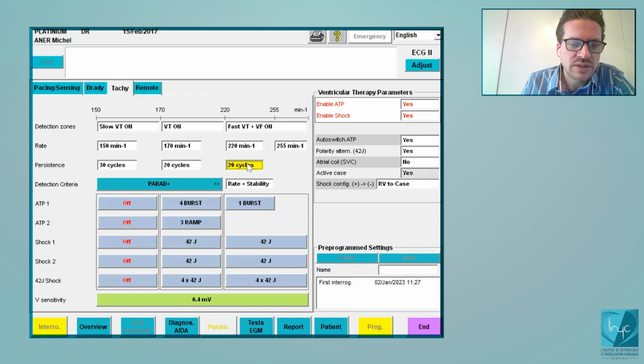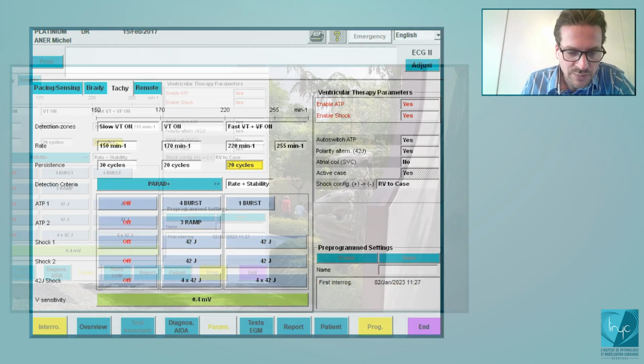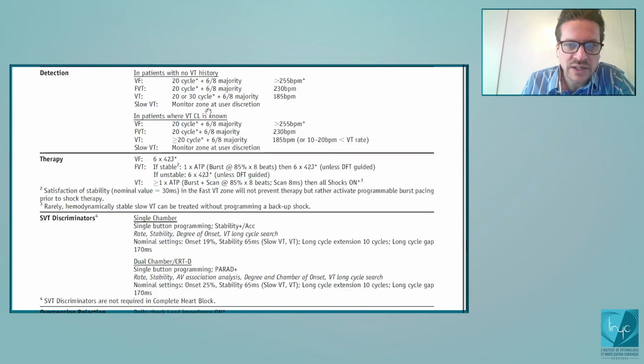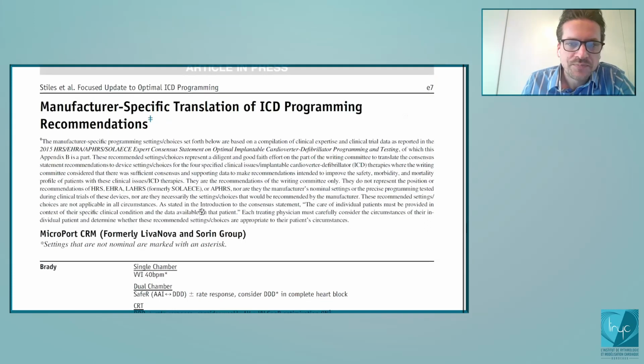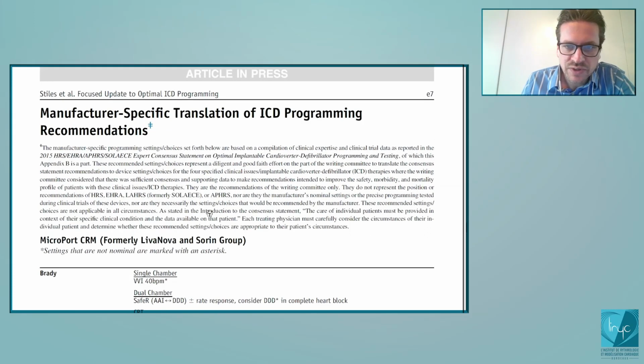You guys are thinking, girls are thinking, why 20? Well, of course it's because it's the maximum, but it's also because it's the guidelines. You know this PDF maybe, so these are the manufacturer-specific recommendations for all companies, originally published in 2015, with an update in 2019.